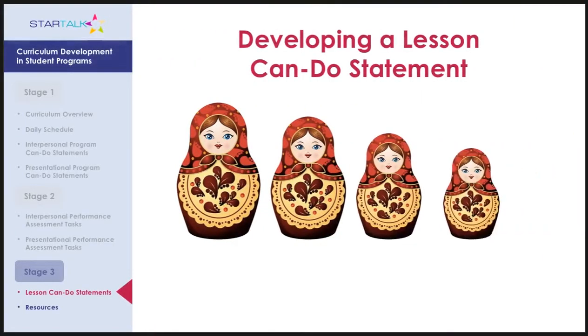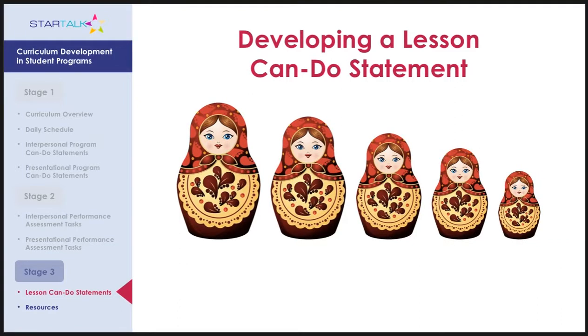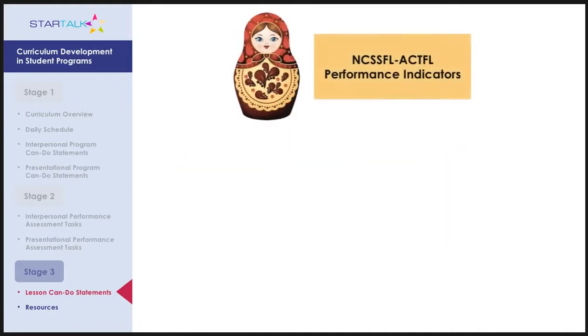Developing a lesson can-do statement is a bit like looking at babushka dolls. The babushka dolls shown here provide a visual frame of reference for the development of lesson can-do statements. The largest of the nesting dolls represents the performance indicators that were selected by the program in Stage 1.